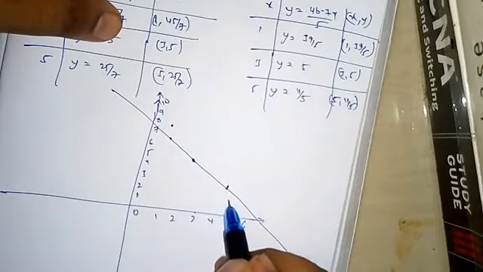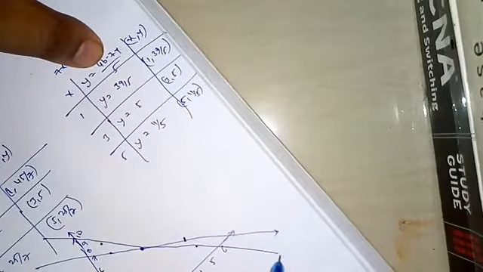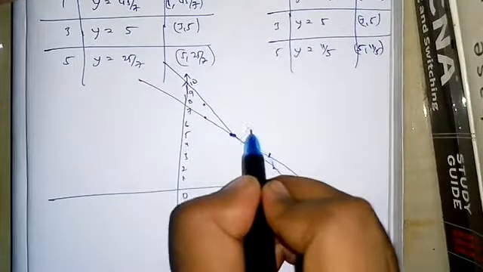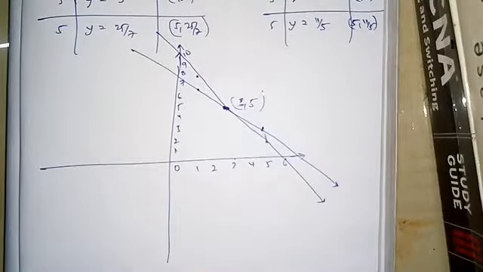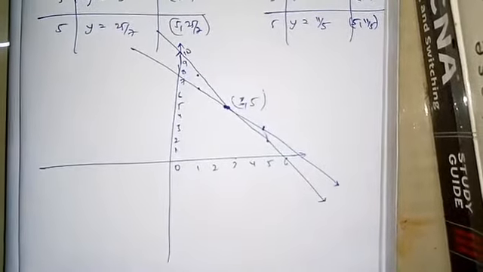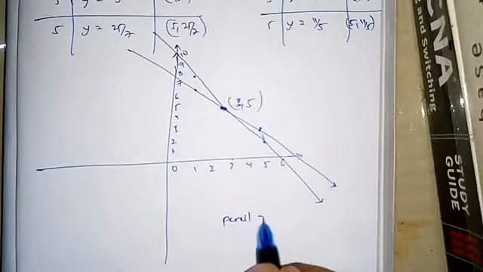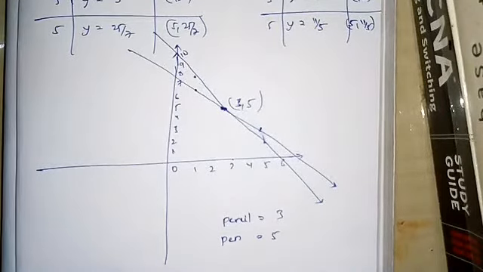So here, so the line will be like this. So the solution for this equation is here, 3 comma 5. 3 comma 5 is the solution. 1 pencil costs 3 rupees and 1 pen costs 5 rupees.